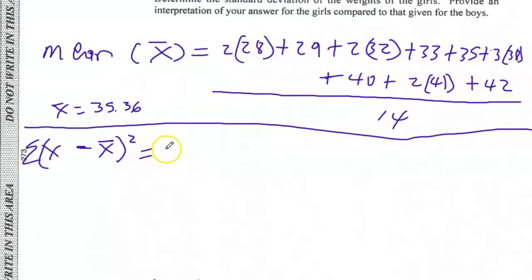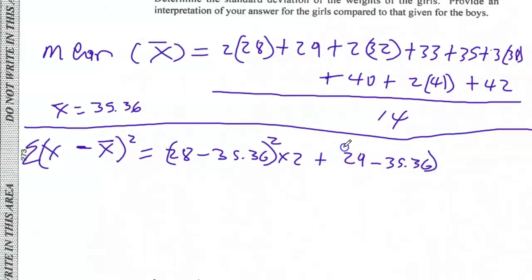So we have 28. 28 was the x value. So 28 minus 35.36. We square the result. And remember, 28 was there twice, so we multiply that by 2. Plus the 29, we subtract 35.36 and square the result. Plus 32 minus the mean, which is 35.36.